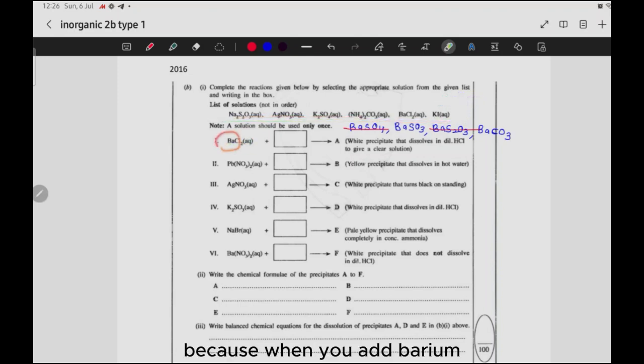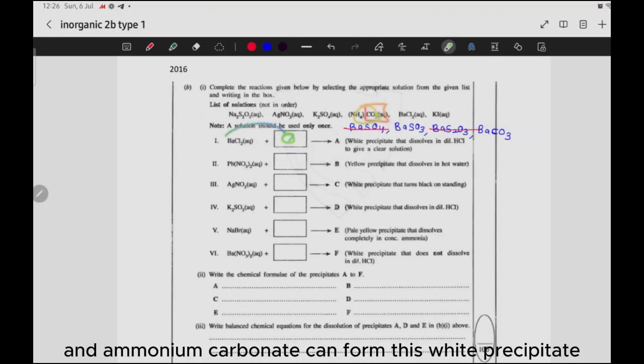Because when you add barium, the barium 2+ is coming from here, and the anion should be coming from the other solution, right? So in this list you cannot see SO3 2-. But you can get barium carbonate because here there is carbonate, right? So when you add this carbonate here, barium and ammonium carbonate can form this white precipitate.